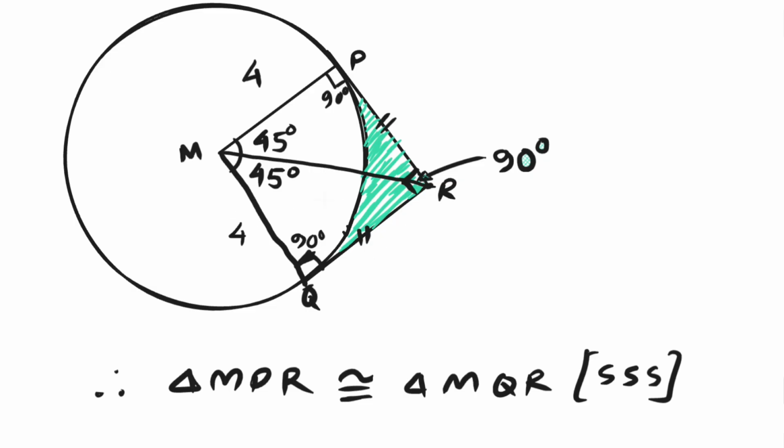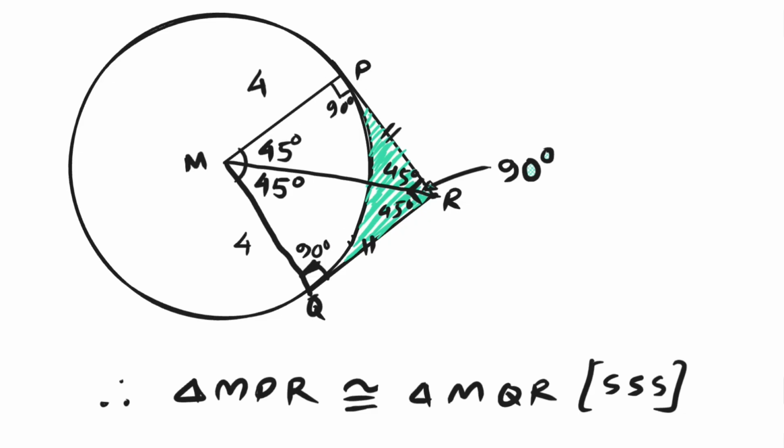In the same way, the angle at R is 90 degrees, so it is also split equally into two 45-degree angles. Therefore, angle PRM equals 45 degrees, and angle MRQ also equals 45 degrees. This tells us that triangle MPR is a 45-degree, 90-degree right triangle.